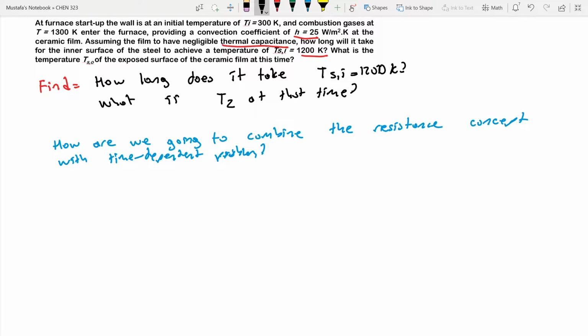So in the previous case, to be able to check the validity of the lumped capacitance method, we defined a dimensionless variable, a Biot number, which is H L_c over k. So in this case, I need to modify H to include resistance.